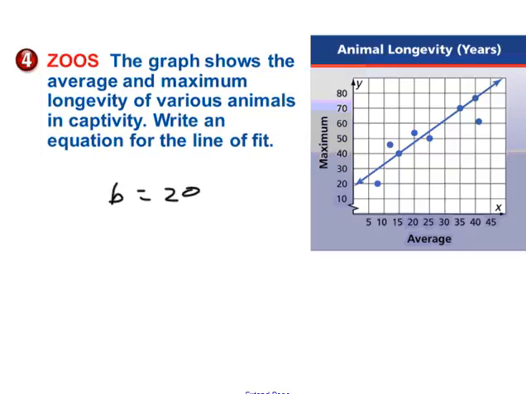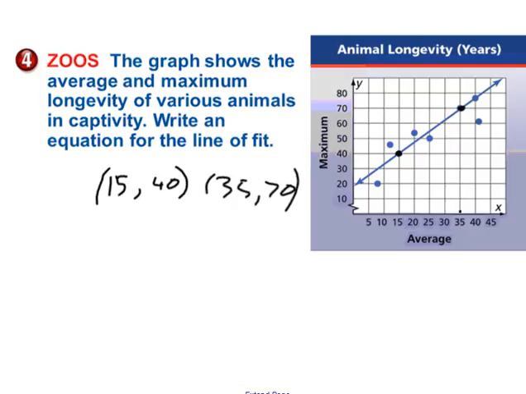you know what, I'm going to do this a little bit different way here. I'm going to actually look and calculate the slope. I've got those 2 points, so I know the point here is 15 on the x, which corresponds to 40, so 15 and 40. And then I've got another point up here at 35 and 70.